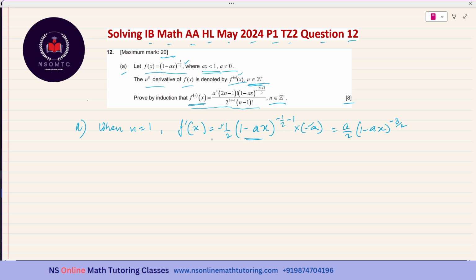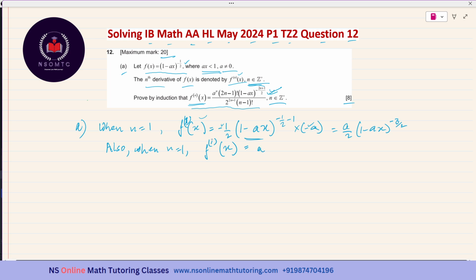Also, let us see what we get from this expression when n equals 1. This is the first derivative. So I am just substituting 1 in this expression.